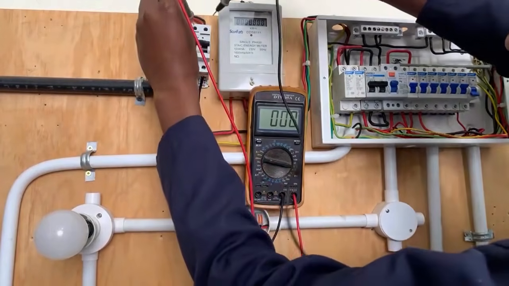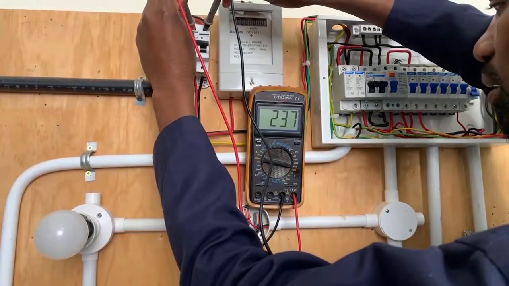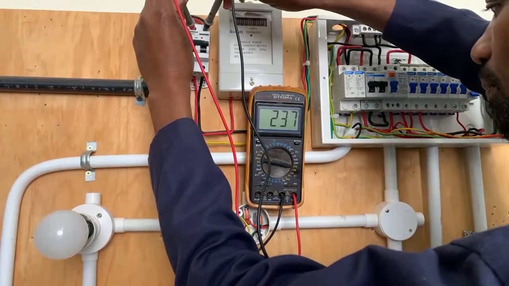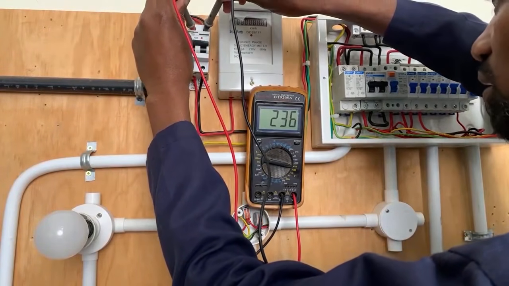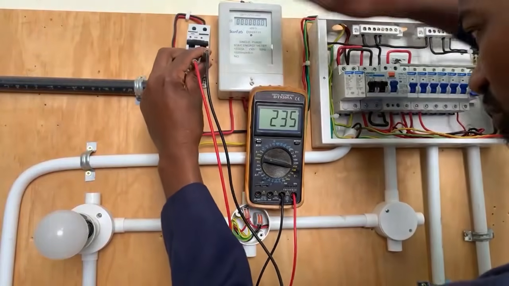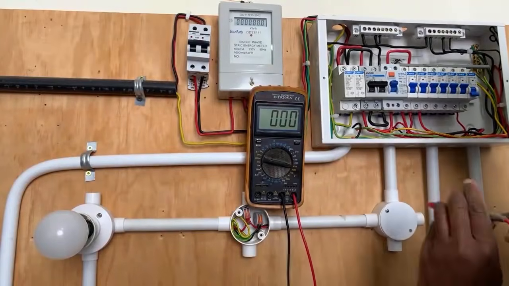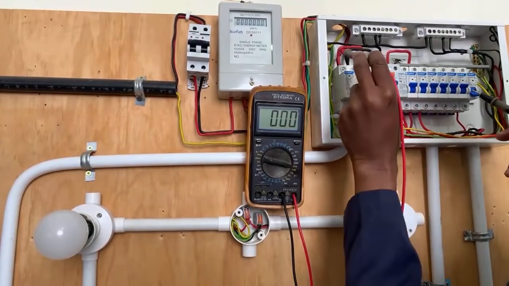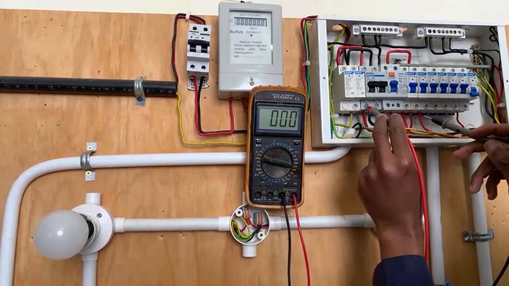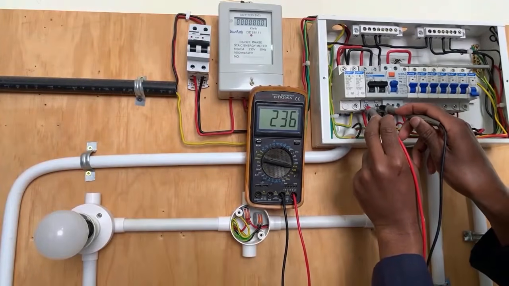On this other side as well, we get 237. Where is the difference coming from? It's just right there. So between the phase and the neutral in terms of voltage at the consumer unit, 236, that is okay.